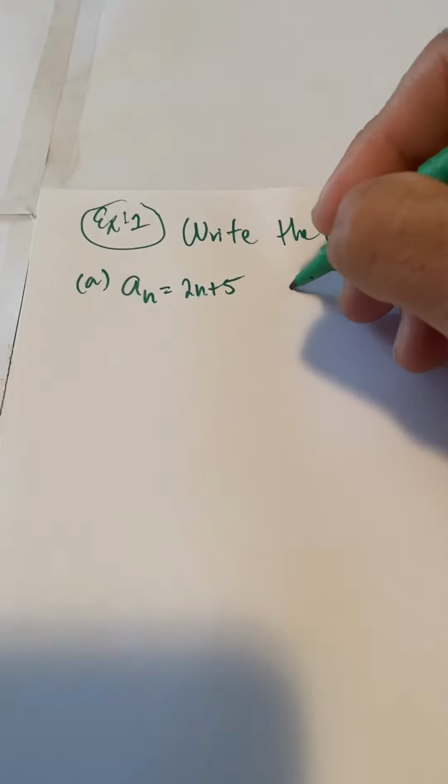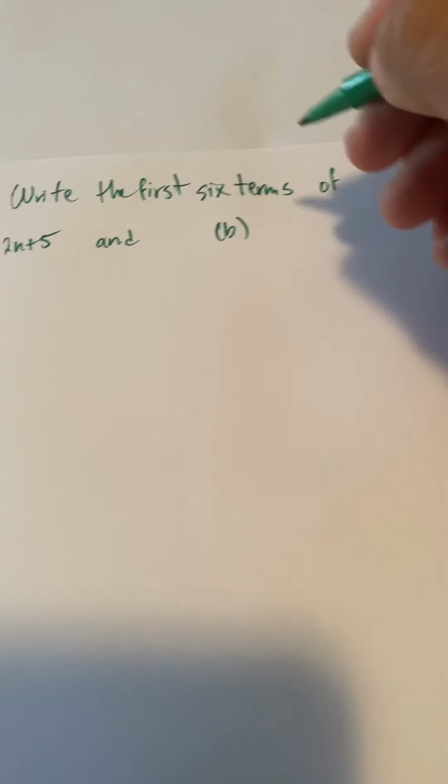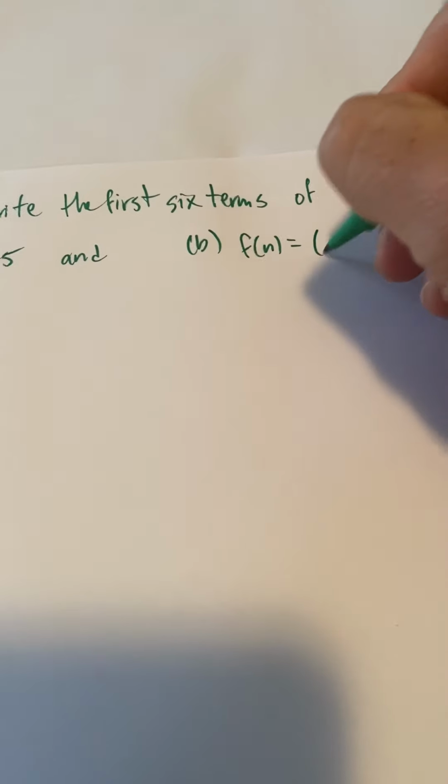And we're also going to do question B: f of n is equal to the quantity of -3 to the n minus 1 power. So the question says, write the first 6 terms of a sub n equals 2n plus 5 and f of n equals the quantity of -3 to the n minus 1.